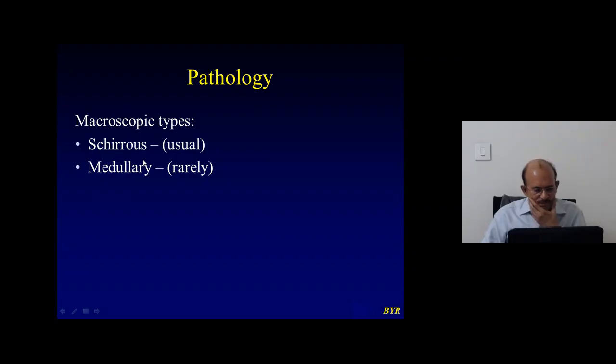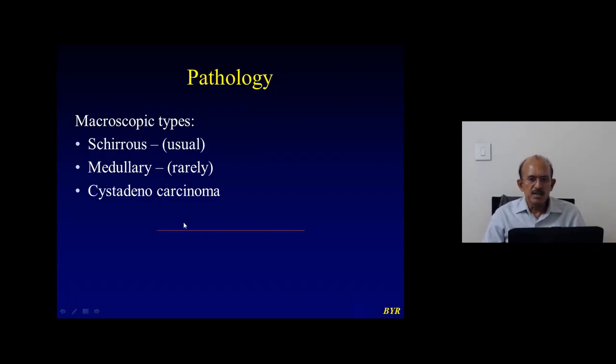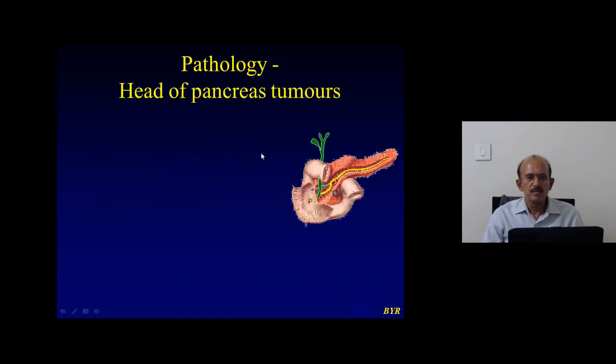Scirrhous. Why? It indicates host response. So there is intense host response. That is why the Scirrhous carries a good prognosis. The third variety is the cystadenocarcinoma. So there are three macroscopic types of the neoplasm.